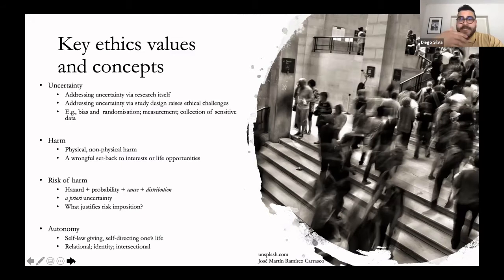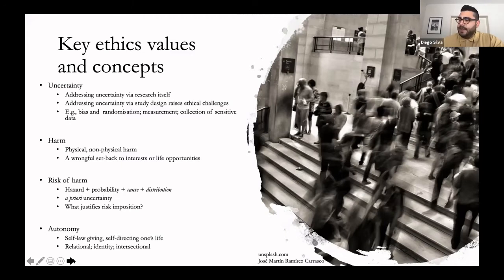And it's the autonomous individual that you're trying to protect from risks of harms in light of uncertainty. So it's the autonomous individual who you're trying to protect from risks of harms in the context of research, which is a step into the unknown, a step into uncertainty. Okay?